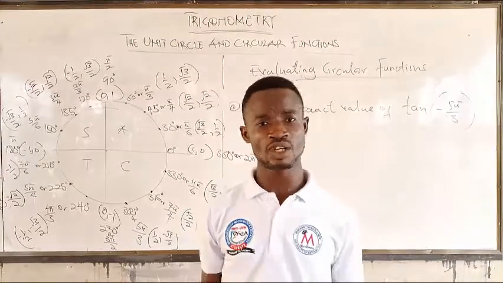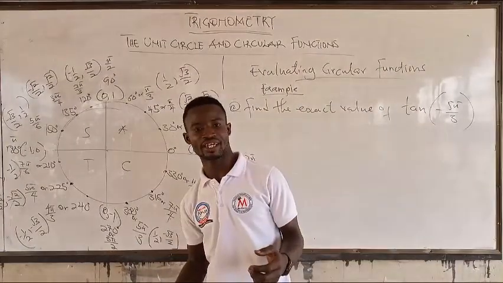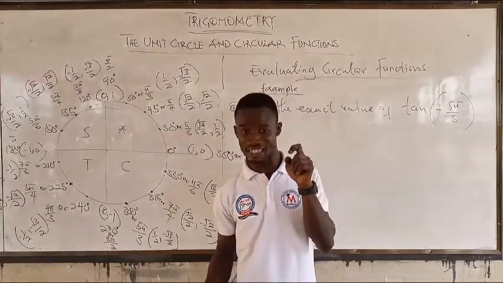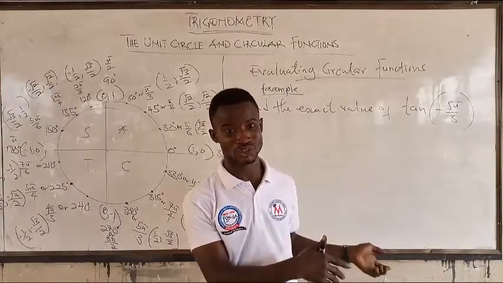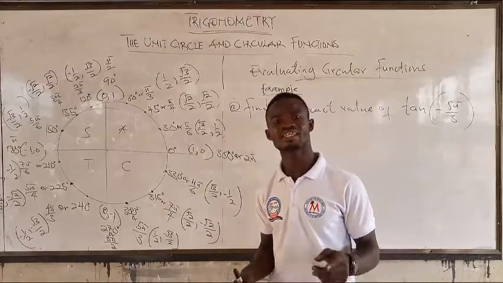Alright, now you have to know that the angle of negative 5π/3 radians and π/3 radians are coterminal. Because we have learned coterminal angles, you have to be able to relate these things. Okay, they are coterminal.